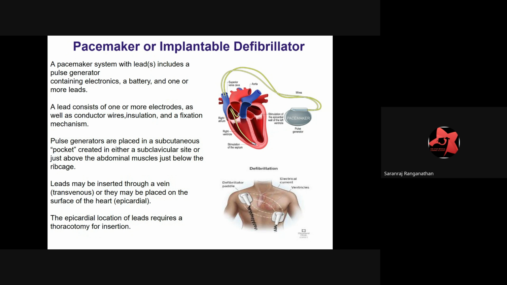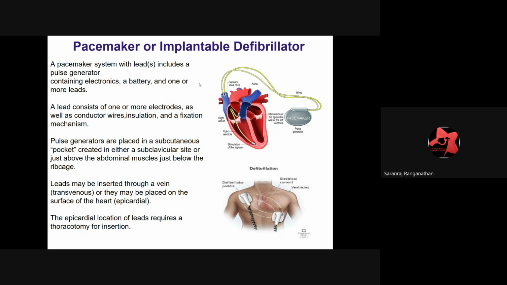Tachycardia means it will be faster, so the pulse will be higher, that is also not good for the health. So at that time they will fix an artificial machine to maintain the cardiac rhythm, that is called the pacemaker.